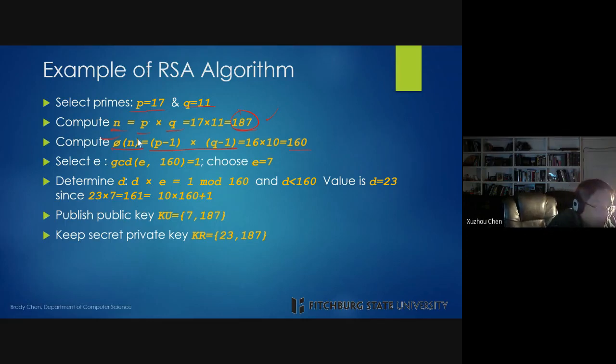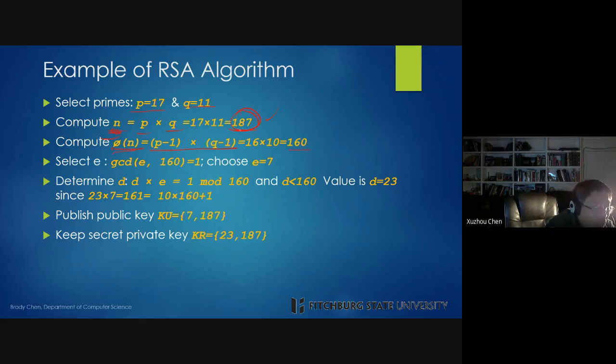So now I assume that once I publish 187, people cannot figure out how to factor it, because n is too big. 187 is too big. So they cannot calculate the phi of n.